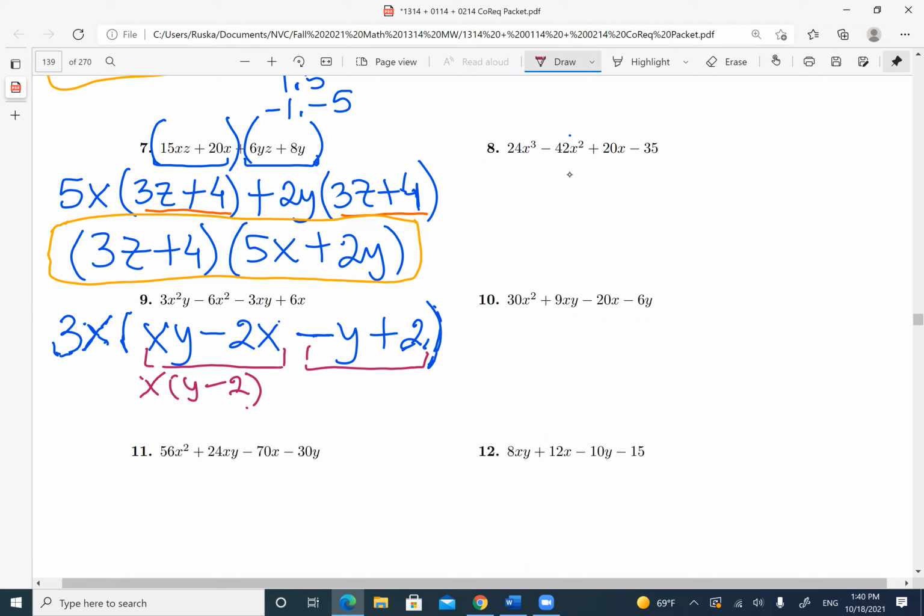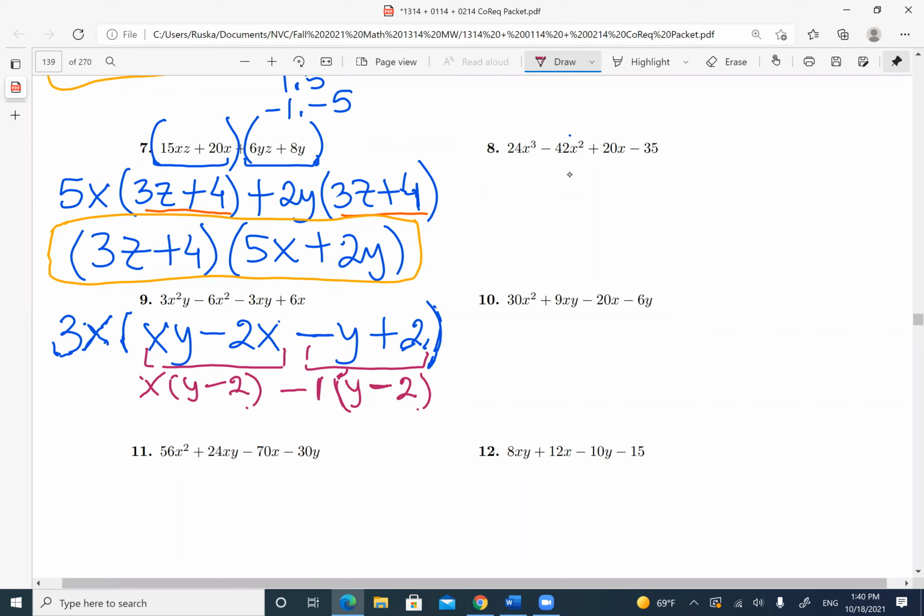And then in the second group, I also have y and 2, but it's negative 1 and positive 2. So I'm going to pull out negative 1, and that's going to change the sign. It's going to be y minus 2. See, negative 1 times y is negative 1y, and negative 1 times negative 2 gives exactly positive 2.